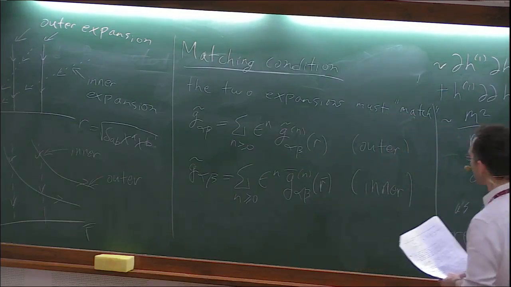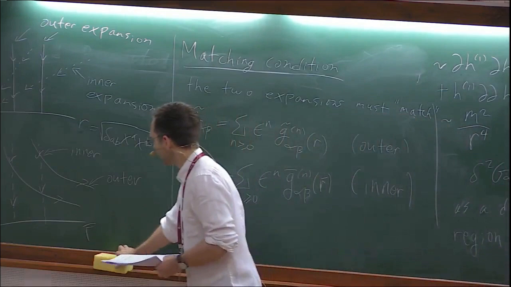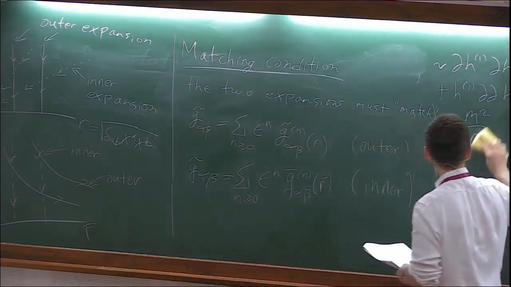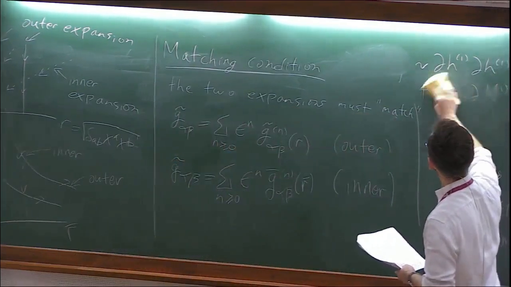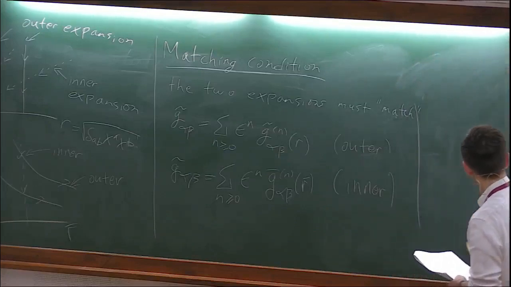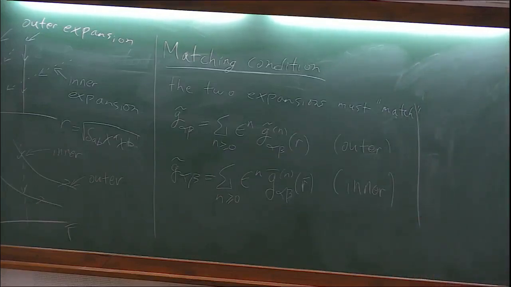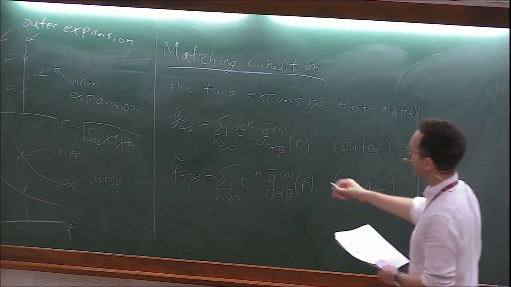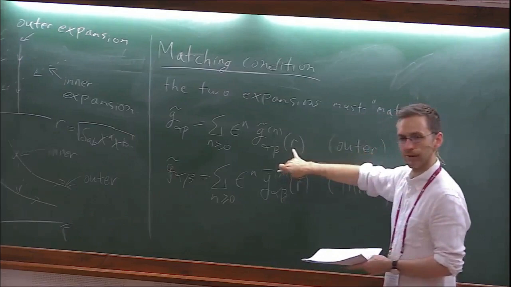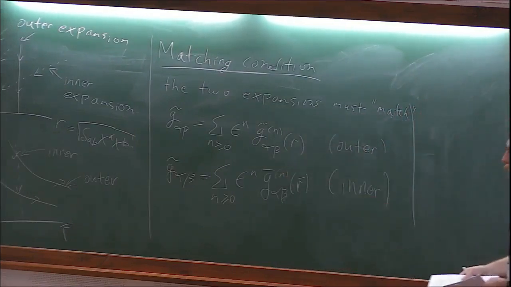Now let's take these two expansions and re-expand them so that they're functions of the same variables, and so that they're both in the form of double expansions for small values of epsilon and small values of r. Small values of r mean that you're near the small object.